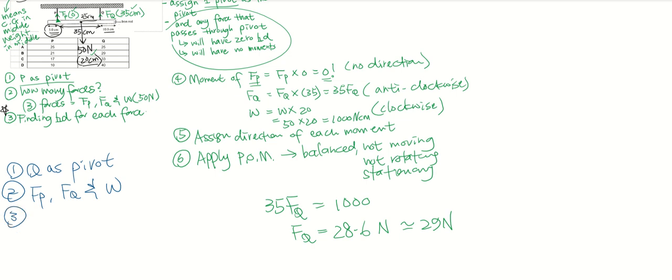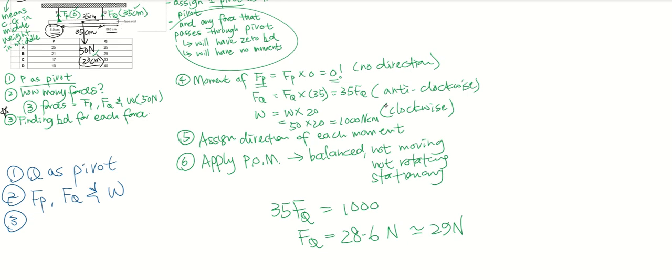Step 3, finding the perpendicular distance for each force. Remember now we are using Q as a pivot, and Fq is actually passing through the pivot of Q. So the perpendicular distance of Fp will be 35 cm. It's no longer 0 because now the pivot is not at P. The pivot is now at Q. Therefore, the perpendicular distance of Fq will be 0.